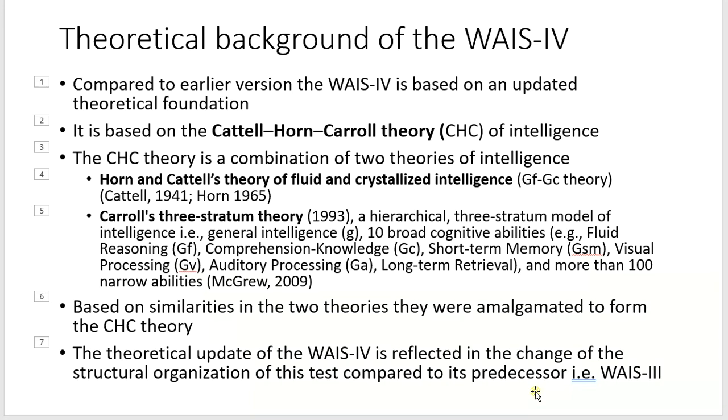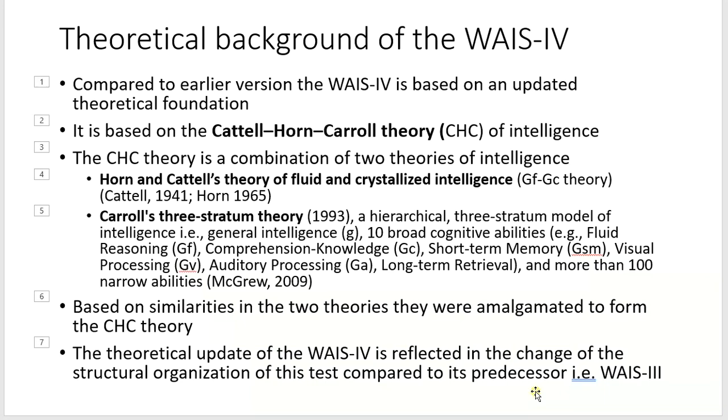Now, as I said, WAIS 4 is based on an updated theory. The theoretical foundation of WAIS is basically a theory of intelligence called CHC, Cattell-Horn-Carroll theory, and basically there are two theories.